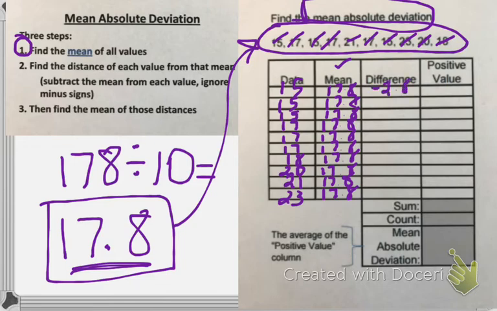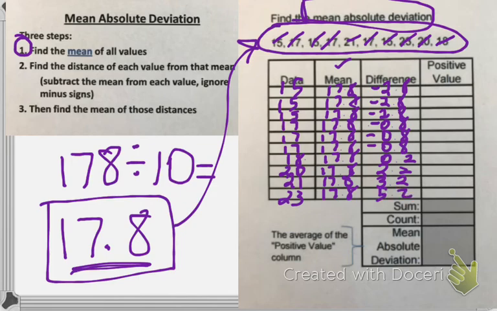It's going to be negative 2.8, negative 2.8, and negative 2.8, since all three of those first numbers are 15. Then 17 minus 17.8 is negative 0.8, three times. Then 18 minus 17.8 is 0.2. 20 minus 17.8 is 2.2. 21 minus 17.8 is 3.2. And 23 minus 17.8 is 5.2.